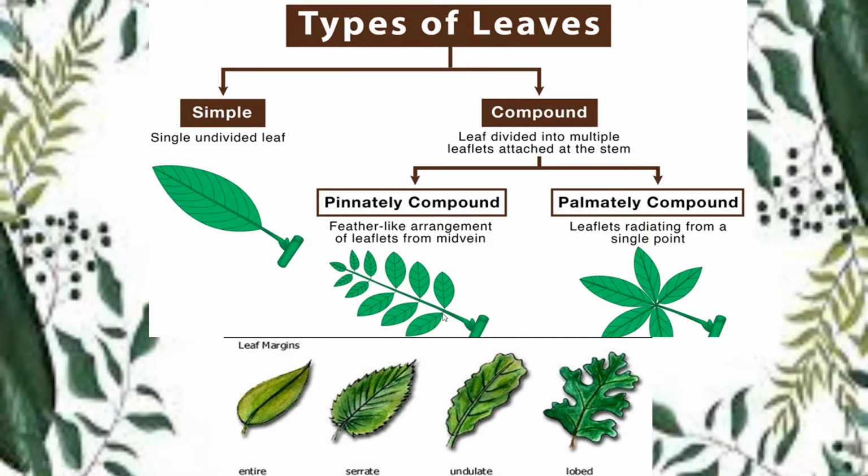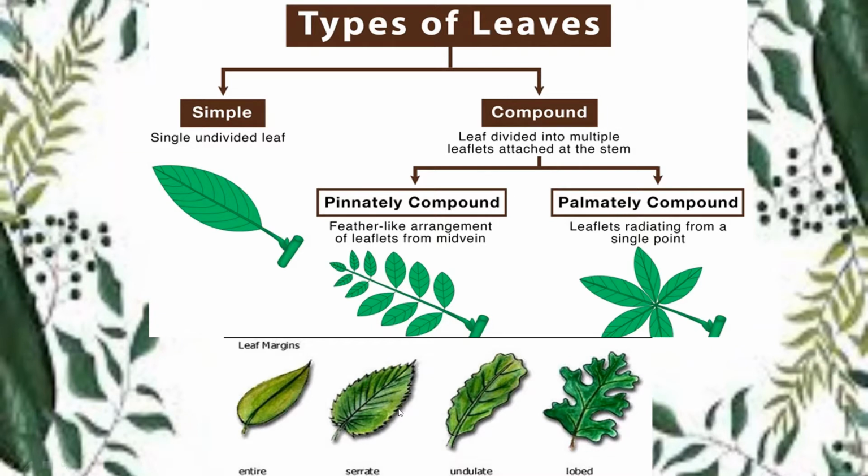Clear? Now leaf margin. We have studied that this is the leaf margin. So leaf margin can be of many types. It can be entire. See, no interruptions. Full smooth margin, it is called entire. It can be serrated as we see in our hibiscus plant, China rose plant.